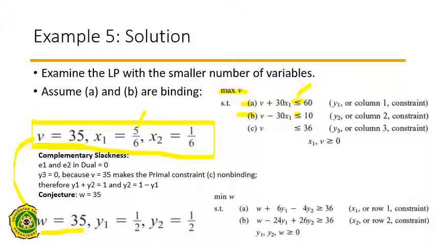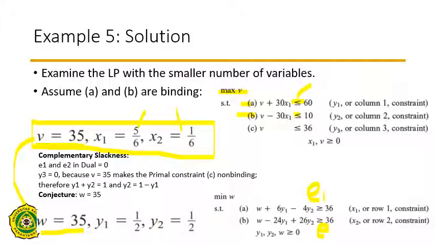Complementary slackness says that the multiplication of x in the primal and the variable e in the dual must be 0. So in this case, because x1 is non-zero and x2 is also non-zero, we may confidently say that e1 and e2 are 0 in the dual problem.